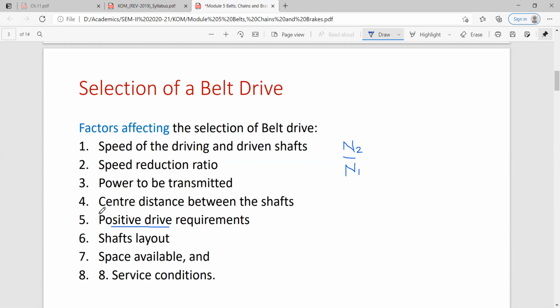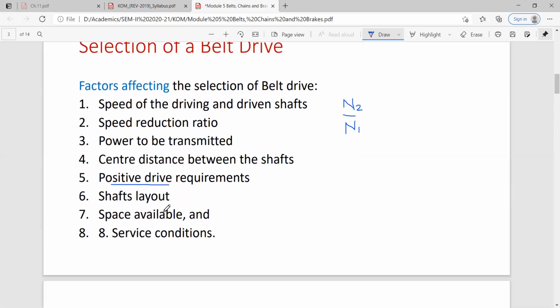Accordingly, you can select whether you need a positive drive or a negative drive is also okay. Then the shaft layout, whether your shafts are parallel, or whether the axes of the shafts are arranged in this fashion, in this fashion, or in any other fashion.